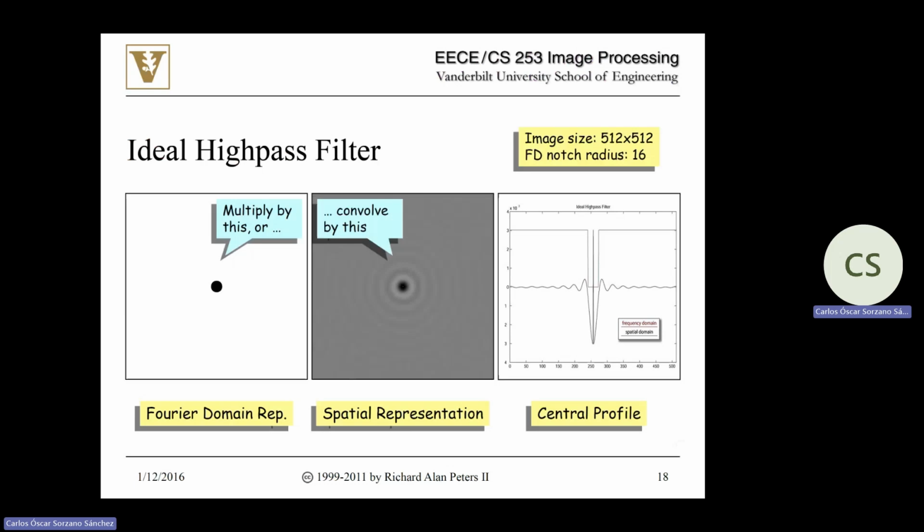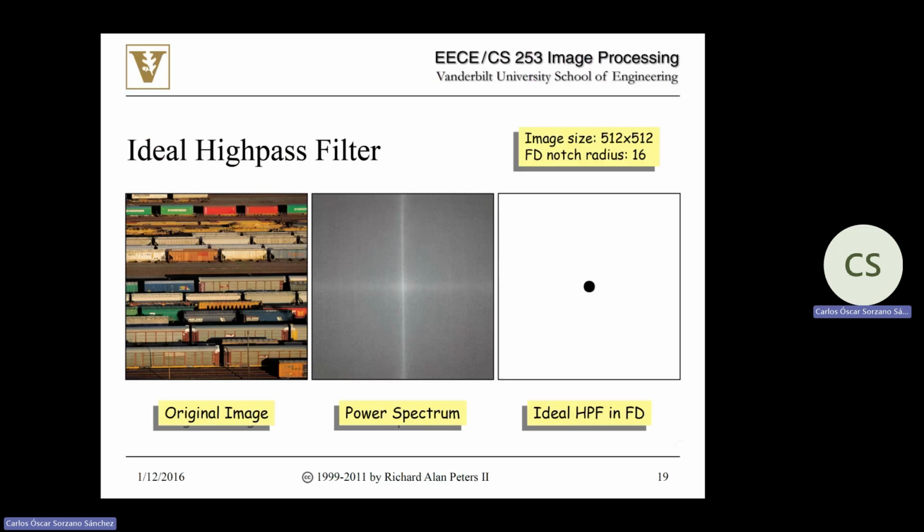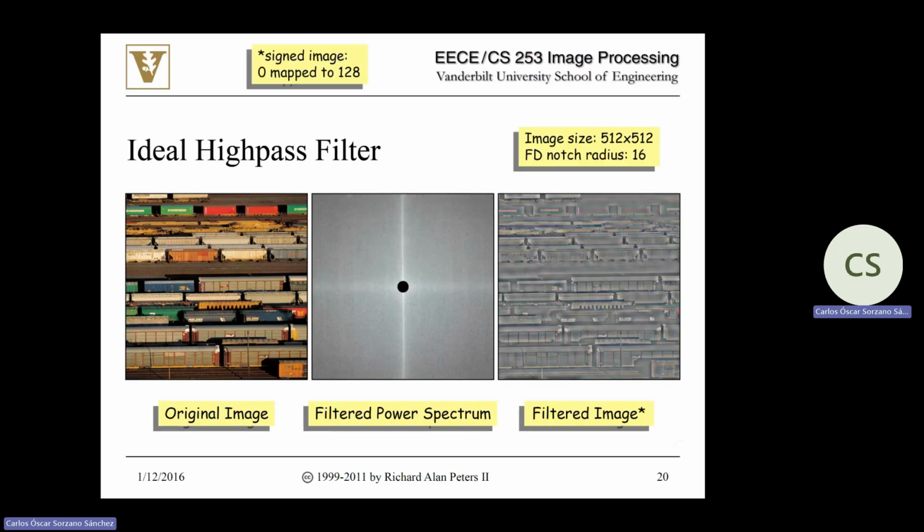So the average of all these numbers has to be 0. Now we have the ideal high pass filter, we multiply, and this is what we get: just the edges. So a high pass filter is another kind of edge detector.